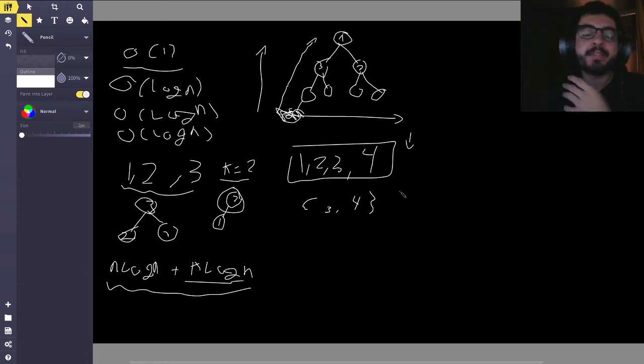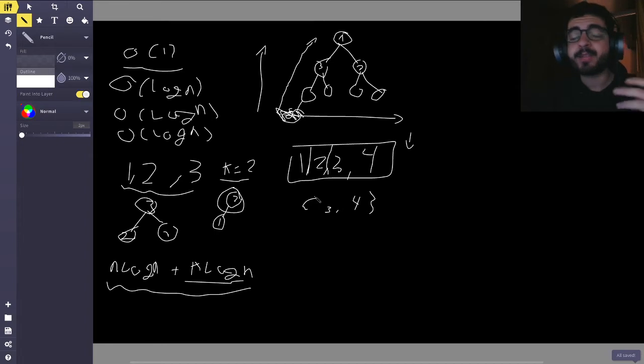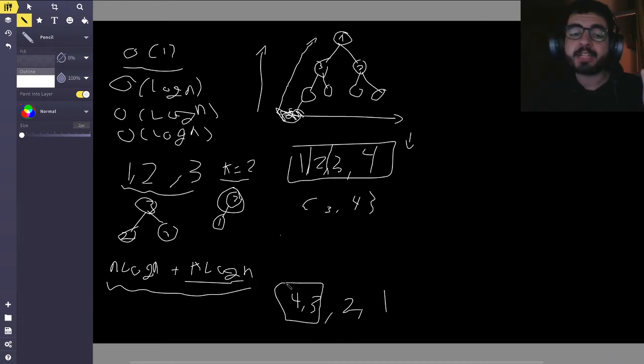We could basically assume an answer: let's assume that our answer is the first k elements. It could be. In a situation where we have 4, 3, 2, and 1, if we assume that our answer is 4 and 3, we would actually be correct. But in our case here, we won't be correct.